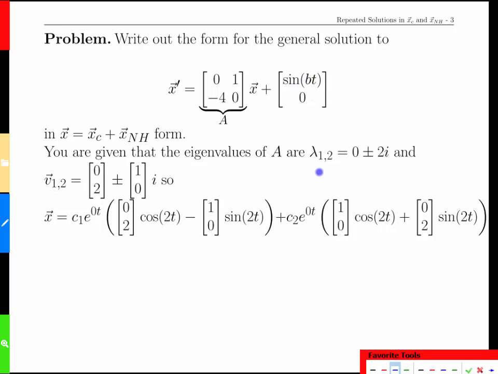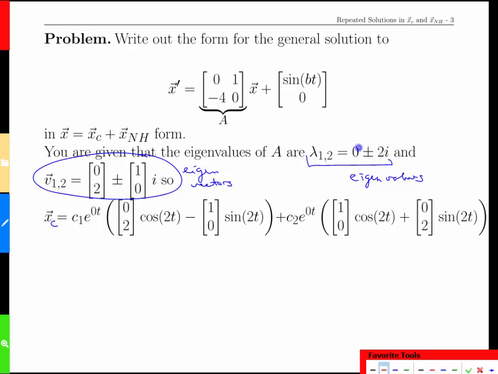Again, we're pre-calculating the eigenvalues. So here are the eigenvalues. And we've pre-calculated the eigenvectors here. And what can we do with those? Well, we can build our xc solution here explicitly.